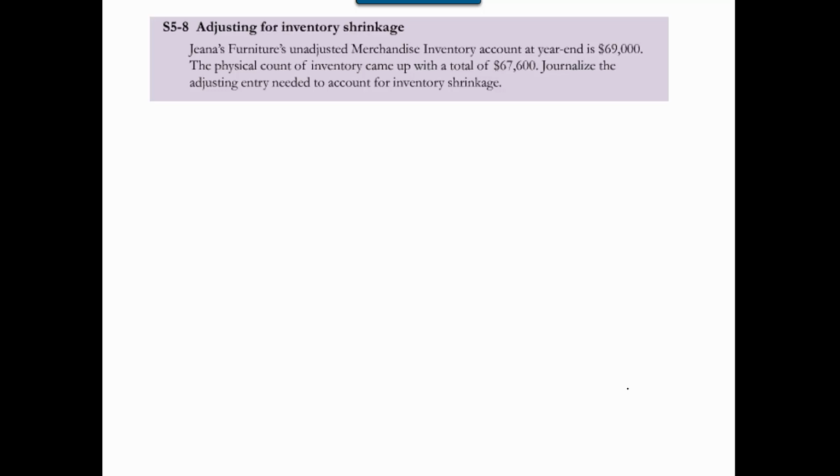So our books say we have 69,000 in here, but when we do a physical count, we only have 67,600. So 69,000 minus 67,600, that means we've had $1,400 worth of inventory that disappeared for whatever reason. And we'll talk in later chapters about how we try to minimize this and how we manage our inventory to protect this asset.